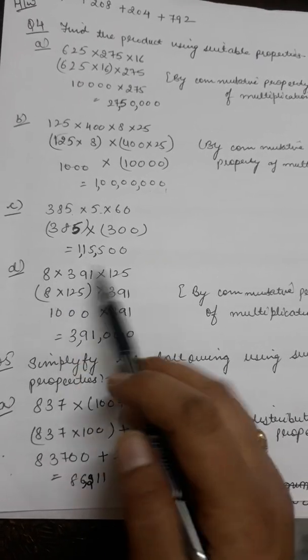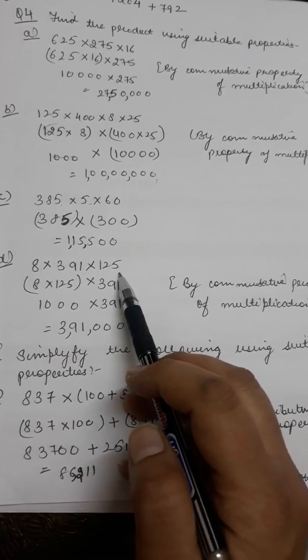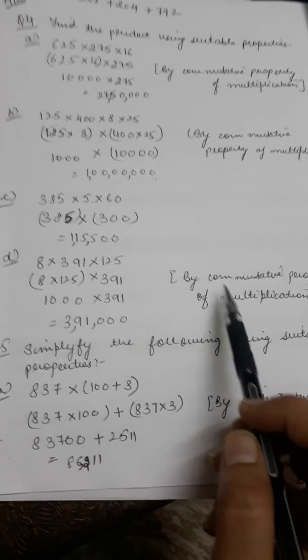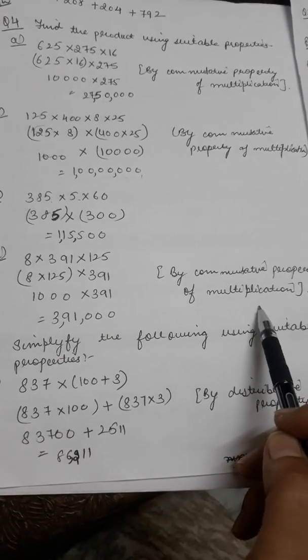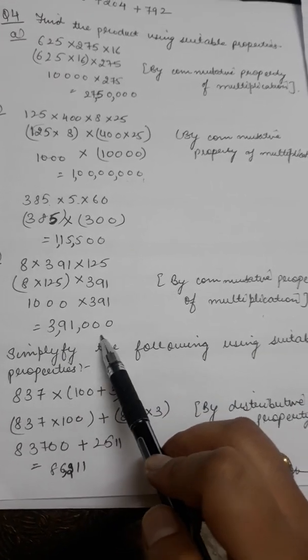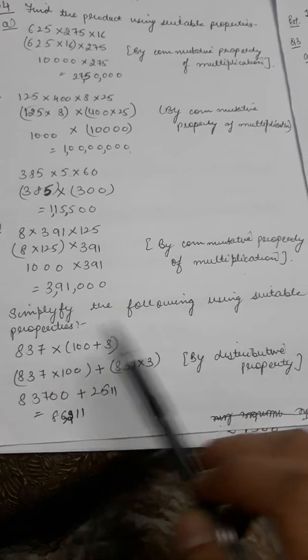So I will multiply 8 with 125 because 8 into 5 will give me 40. Again a 0 at the ones place. So pair up these two numbers and 391 here. So this is again commutative property of multiplication. After simplifying I got 3,91,000.